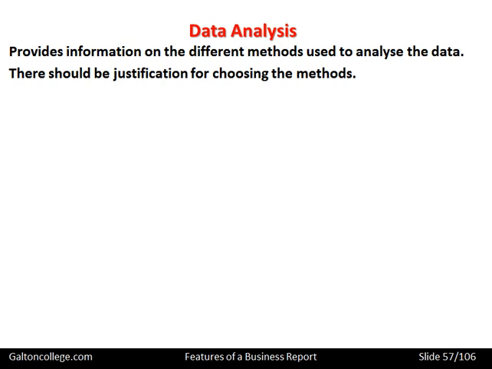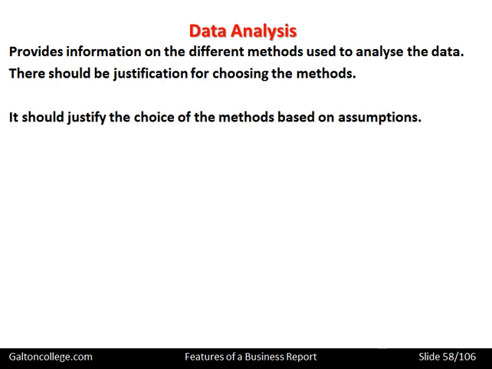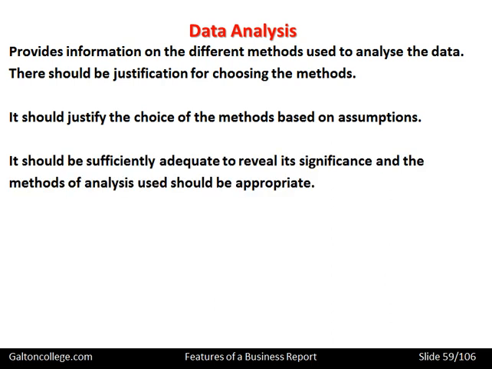Many methods could be used. So why was the one that was used selected? Why that one? Justify it. And it should justify it based on whatever assumptions it set out. It should be sufficiently adequate to reveal its significance, and the methods of analysis used should be appropriate.